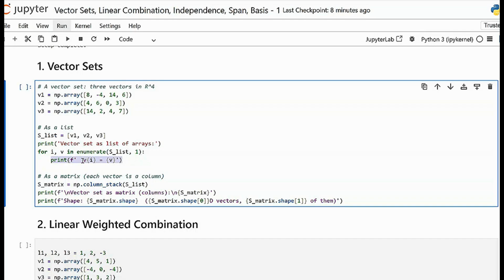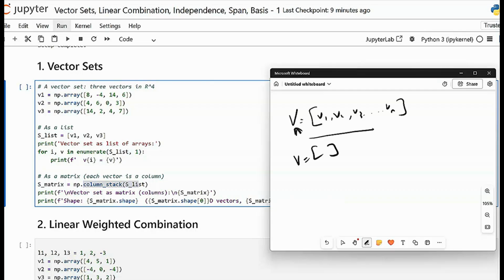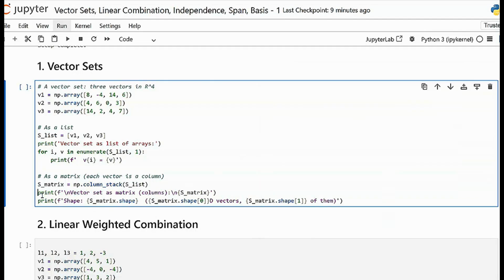And dear friends, kindly observe here we have used a column stack. Yes, this stacks the vectors column-wise into a single matrix. Each column corresponds to one vector, and this results in a 4 by 3 matrix. And kindly observe, dear friends, that it can be printed here.